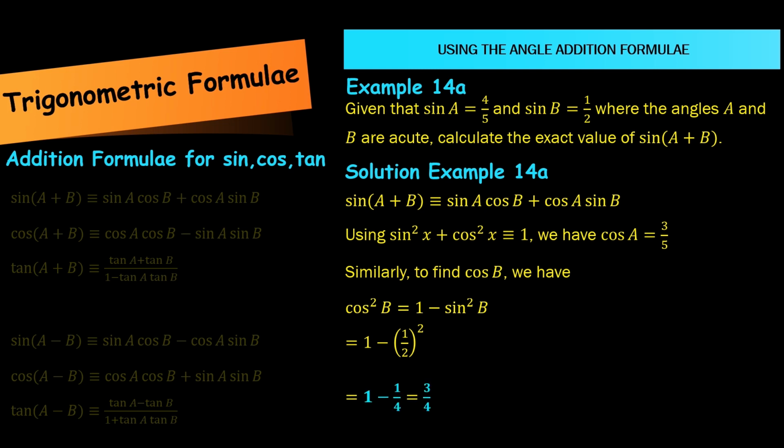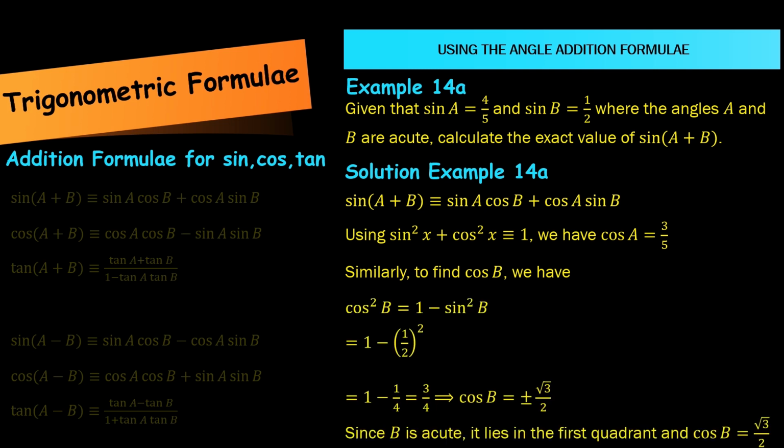So cos squared B equals 3/4 implies that cos B equals plus or minus √3/2. Now, since B is an acute angle, it lies in the first quadrant, and therefore cos B equals √3/2. So now we have the values of cos A and cos B, as shown.